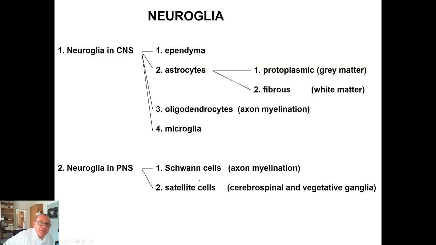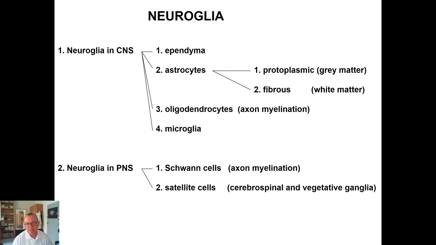Neuroglia is a complex of cells which are situated in the central and peripheral nervous system, and thus they are classified according to this location into central and peripheral glial cells. Central glial cells are more numerous.